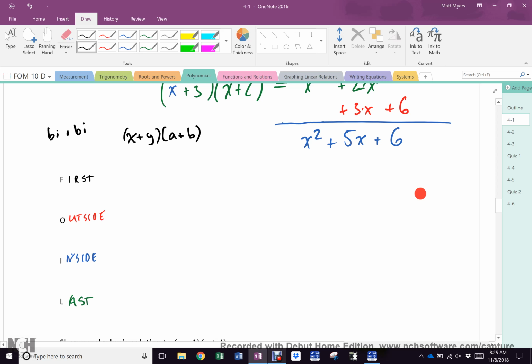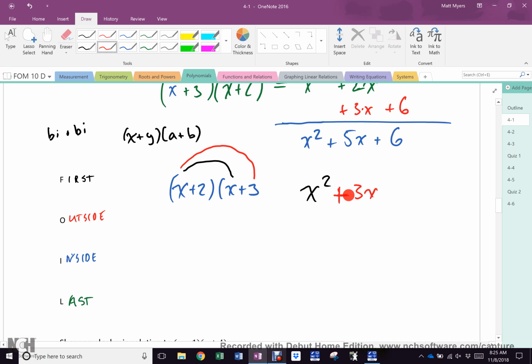Okay? What it means, of course, x plus 2, x plus 3 is first. You take the first term and you multiply it by the first term, and you get x squared. Then you take the outside terms and you multiply them by each other, and you get 3x. Then you take the inside terms and you multiply them by each other, and you get 2x.